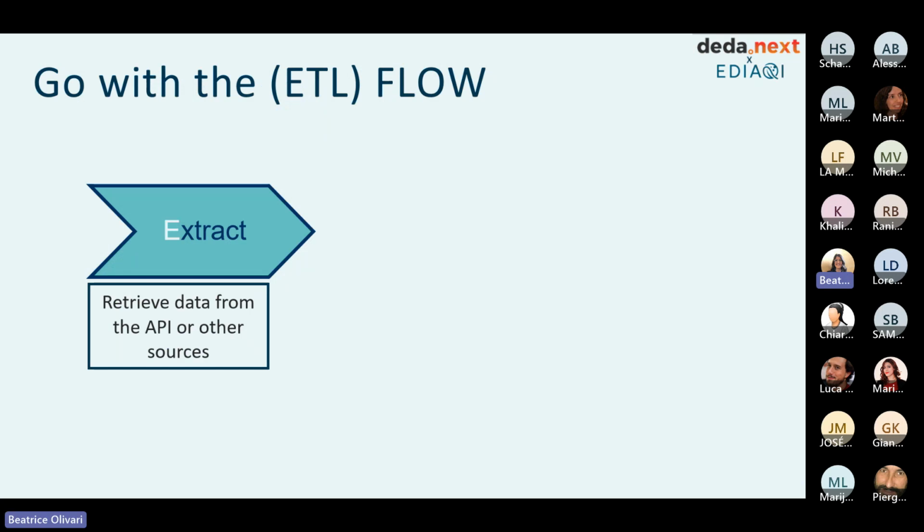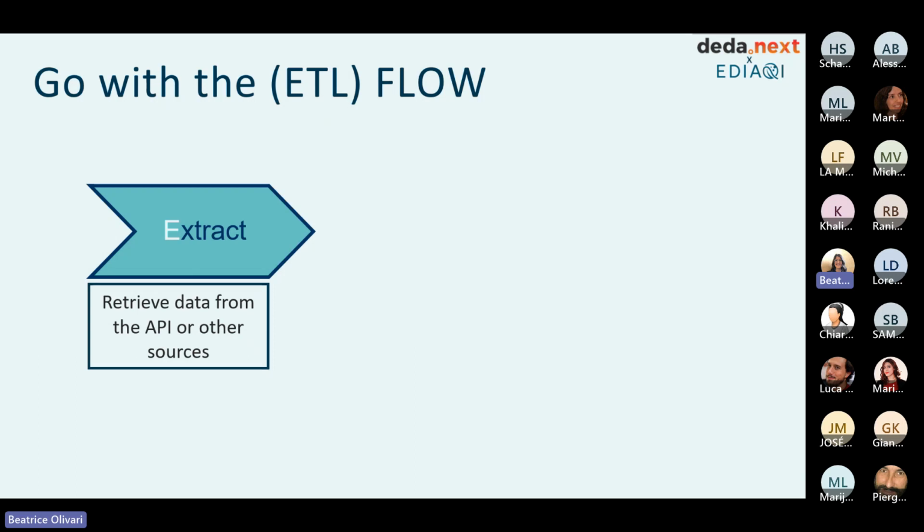What we usually do is create an ETL flow. For those of you who are not familiar with the word ETL, it stands for extract, transform, and load. So we perform exactly three actions. We start with extracting the data, retrieving them from the API or any source where the data are.